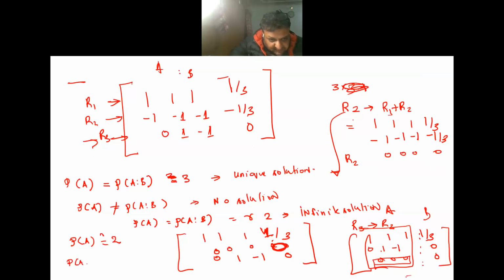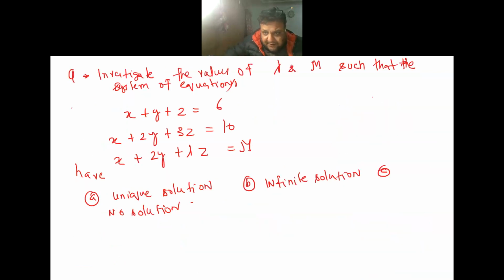As far as rank of A is to B is concerned, in rank of A is to B also, if I see this entire matrix, here one full row is appearing to be 0, right? So rank of A and B is also equal to 2. But it is not equal to the maximum rank. The maximum rank is 3. So that means it is having infinitely many solutions. So answer to it would be infinitely many solutions.